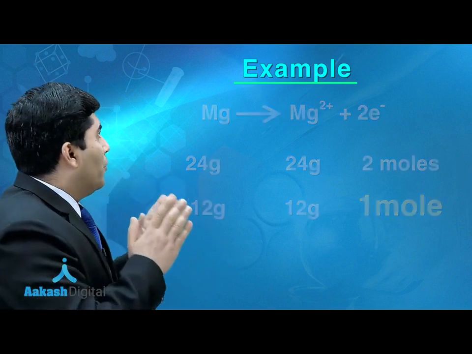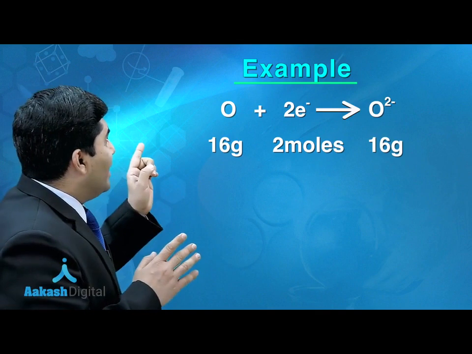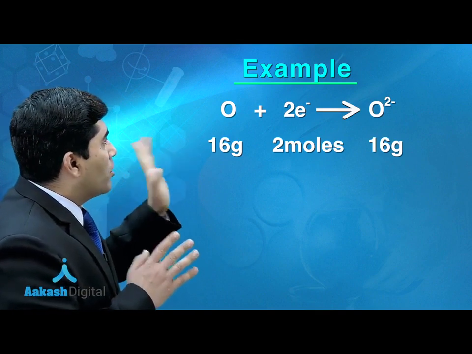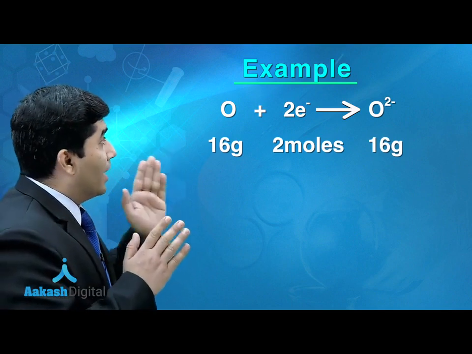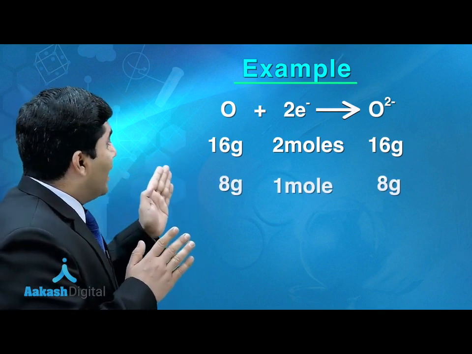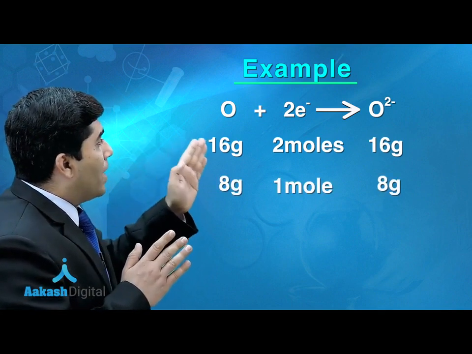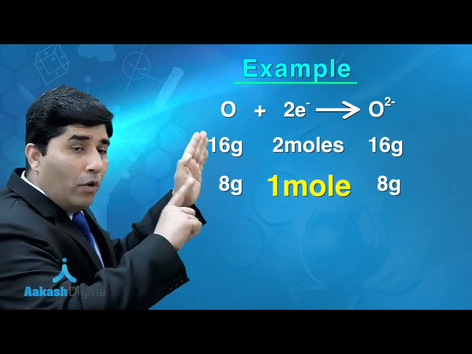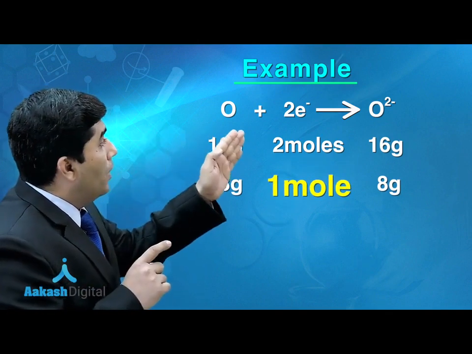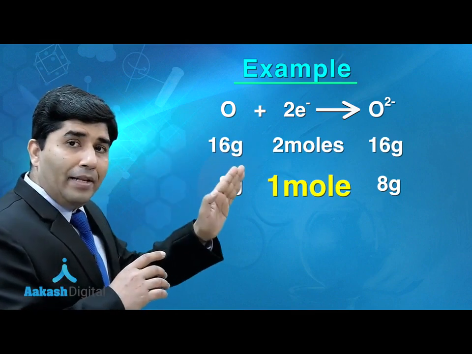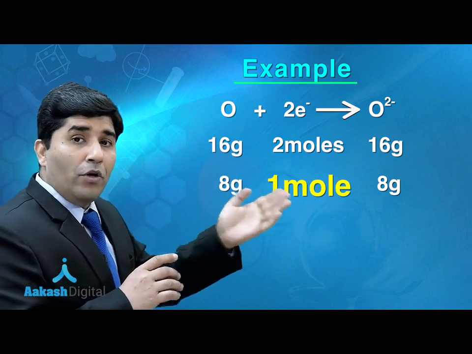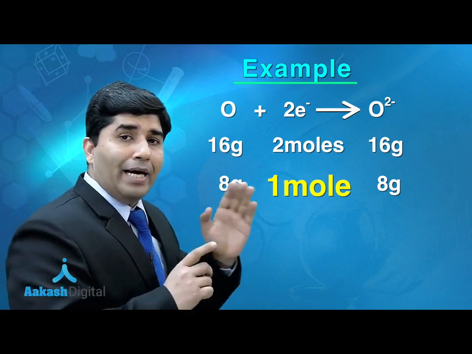Now, we all know that 16 gram of oxygen will accept 2 moles of electrons to give 1 mole of oxide ion, that is 16 gram. 8 gram of oxygen will accept 1 mole of electrons to form 8 gram of oxide ion. So oxygen will gain 1 mole of electron to give 8 gram of oxide ion.